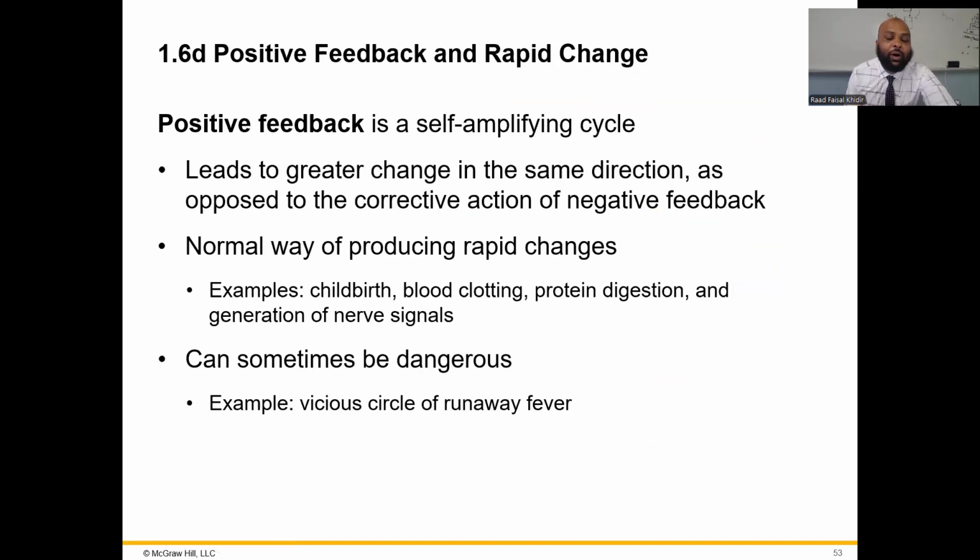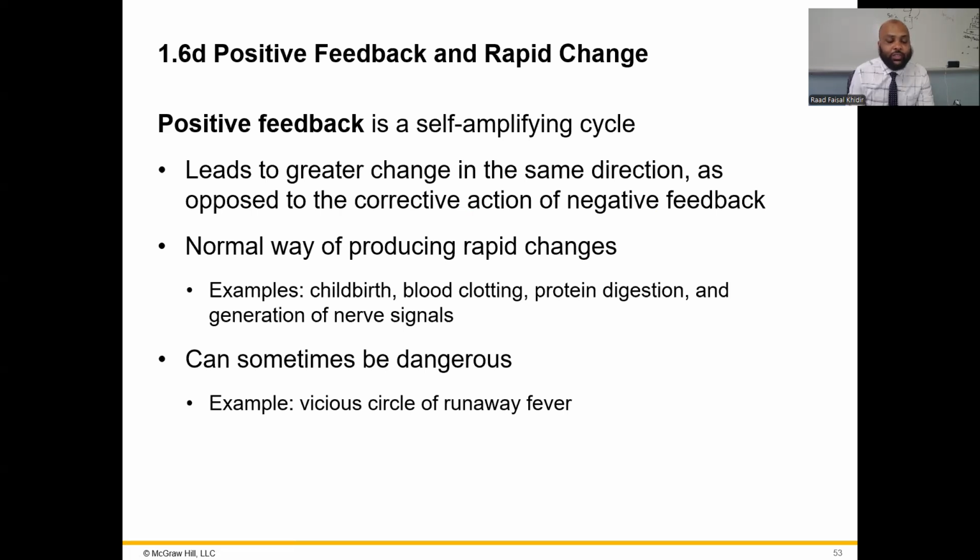Okay, positive feedback is a self-amplifying cycle. It leads to a greater change in the same direction, as opposed to a corrective action. So we begin with a sensation that leads to more. This is very important for us to understand, and we talked about 2 situations. Childbirth: the more the baby pushes against the cervix, the more the uterus will expel the baby out.